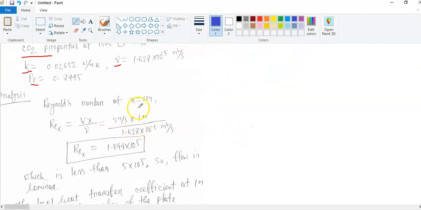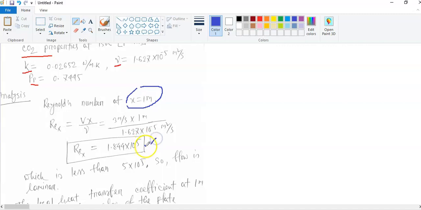So the Reynolds number at x equal 1 meter, because we are calculating the local convection heat transfer coefficient at this distance. So this is the local Reynolds number. We said Re_x equals Vx over nu. You know this formula. The velocity is 3 meters per second, x is 1 meter, the distance, and the kinematic viscosity is constant from the properties.